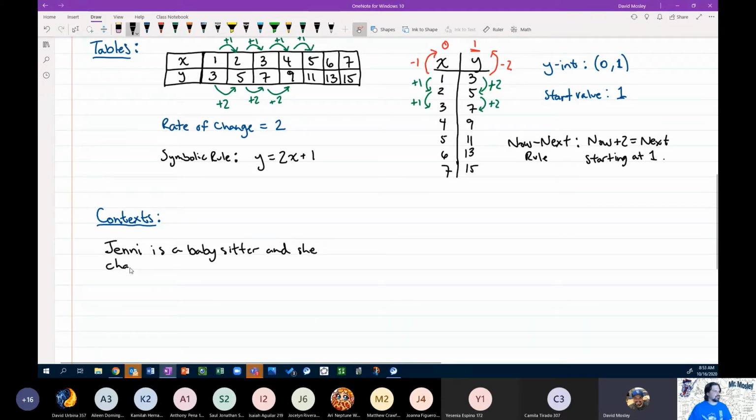And she charges $10 as a flat fee, and $5 for each hour of babysitting.